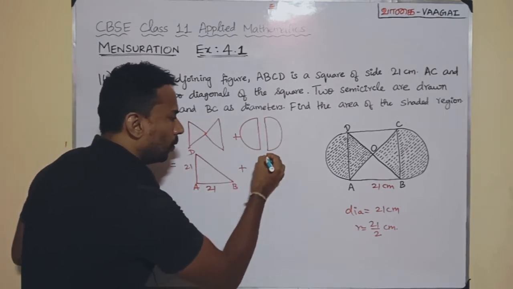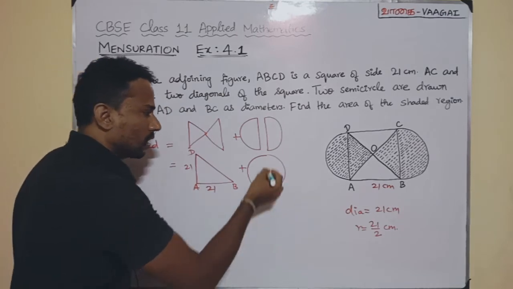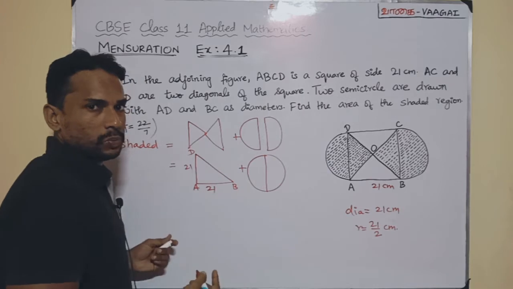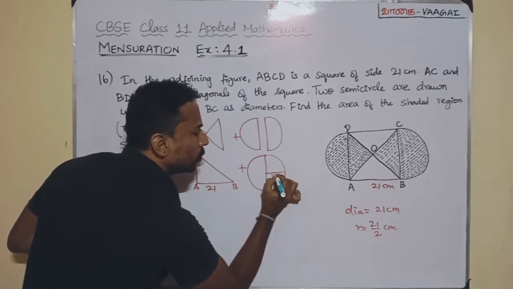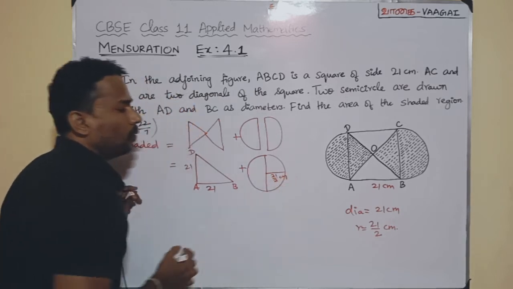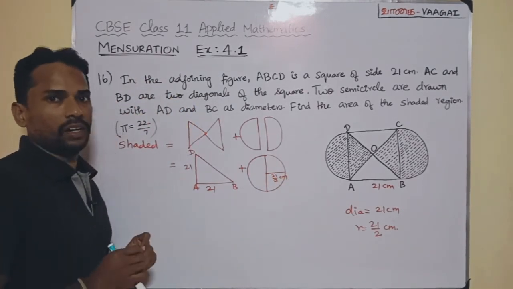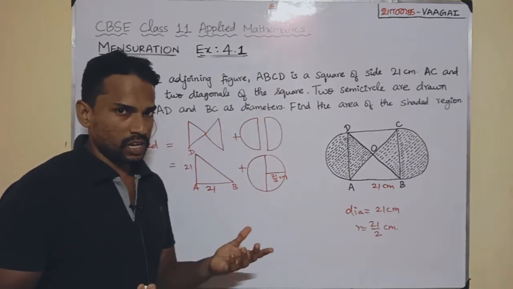It will now form one single circle whose diameter will be 21 centimeter, which means the radius will be 21/2 centimeter. So now the shaded region became the area of this big right angle triangle plus the area of this circle. Now once I do this, I can easily get the answer.